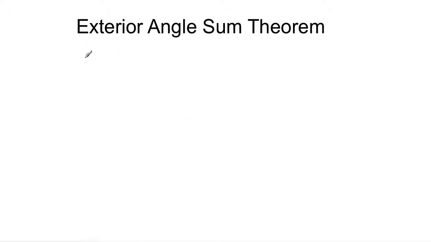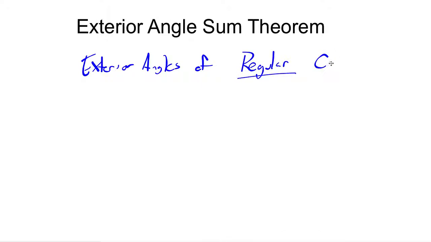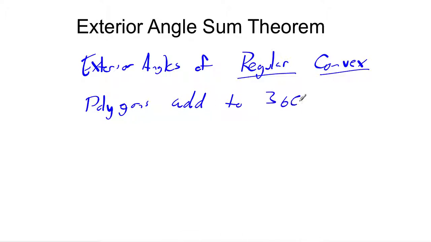So this is actually the exterior angle sum theorem. That exterior angles of regular convex polygons add to 360 degrees.